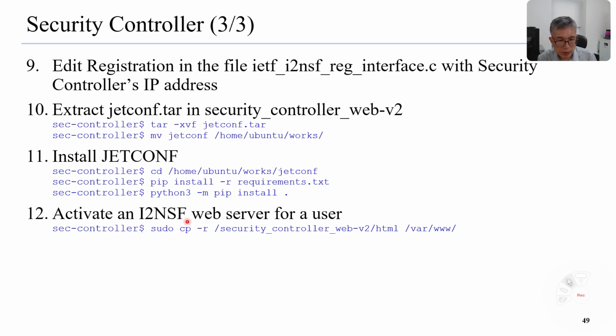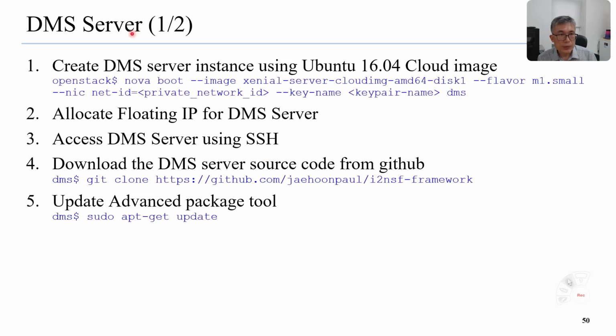Activate the I2NSF web server for a user. You can use this command. And then the DMS server. Create a DMS server instance using the Ubuntu 16.04 cloud image using Nova boot, and allocate the floating IP address for the DMS server, and then access the DMS server using SSH, and then download the DMS server source code from GitHub, from the I2NSF framework, and update the advanced package tool using sudo apt-get update.